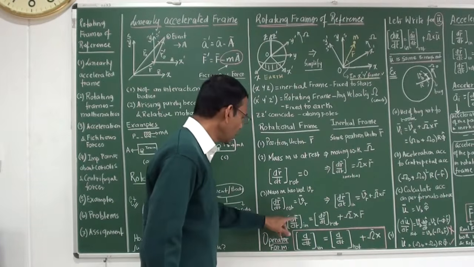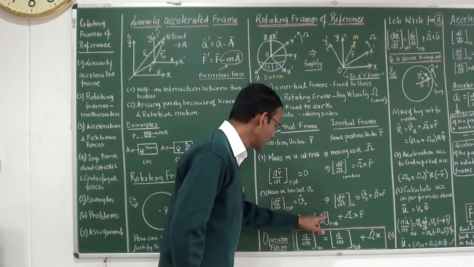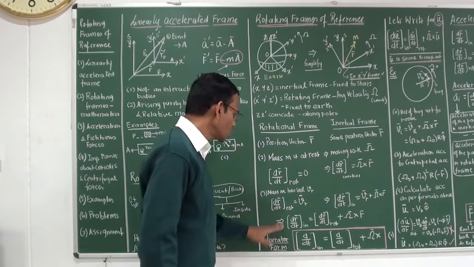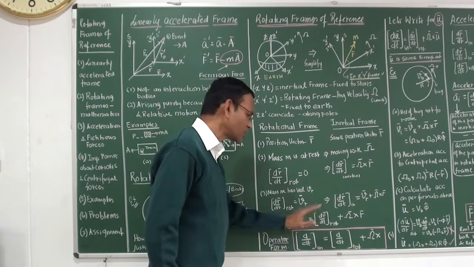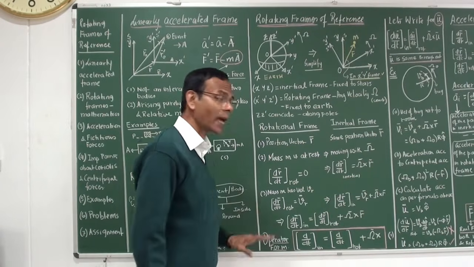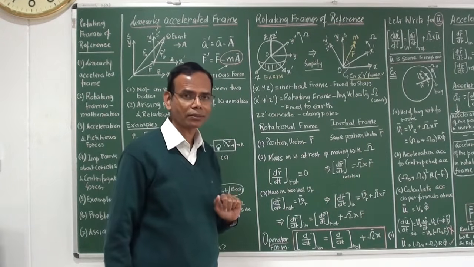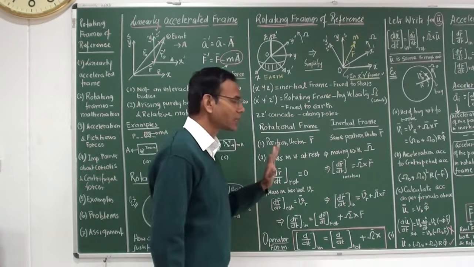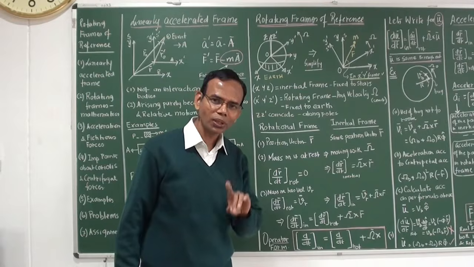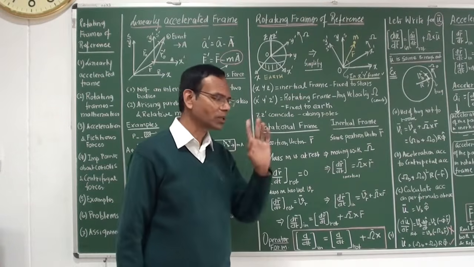As you see, in all these places the same r vector is coming. So this particular formula is applicable for any vectors. For any vector we can find a relation of its derivative between the rotational frame and the inertial frame.